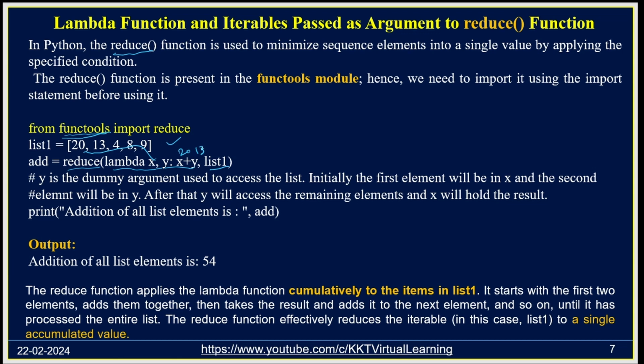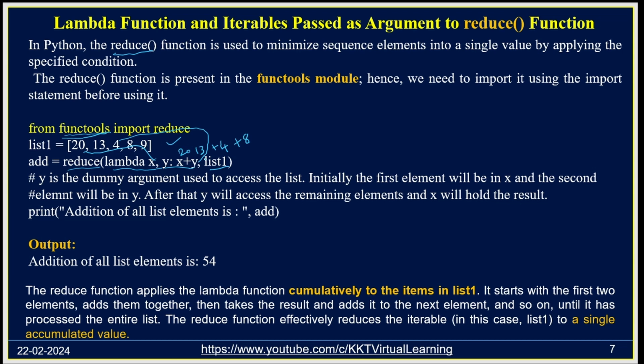Both will be added and that will be assigned to x. Then the third value will come to y. So x is already having 20 plus 13, and now you will have plus 4. Then the fourth value will also come to y, that is 8. So x is already having 20 plus 13 plus 4, and now 8 is also added.